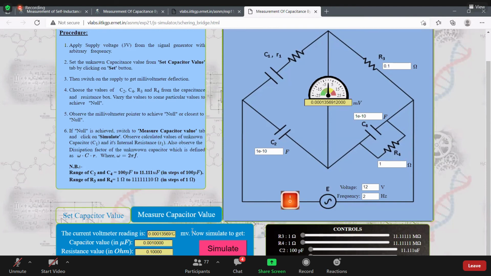If frequency decreases, the voltmeter reading is also decreasing. So if you use a less frequency AC signal as input, it is easy to get the capacitance calculation because it is easy to get a 0 reading on the voltmeter. Okay? Yes, sir. Right. Stop sharing.